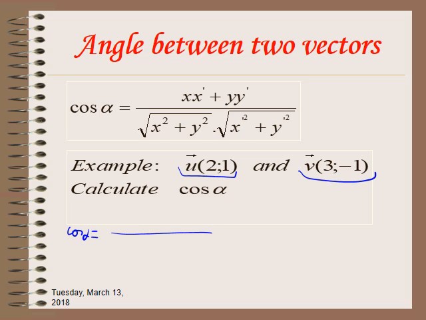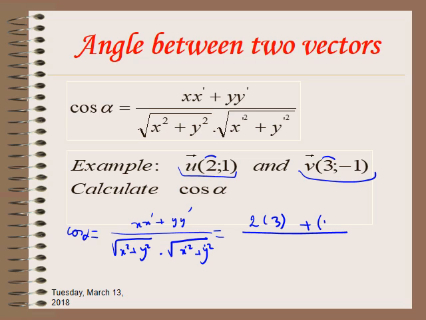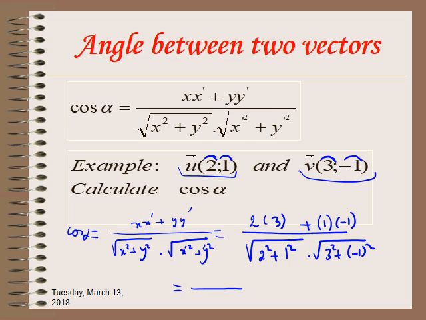Cosine alpha equals xx' plus yy' over radical x squared plus y squared times radical x' squared plus y' squared. Here, x is 2 times x' is 3, plus y is 1 times y' is minus 1, over radical 2 squared plus 1 squared times radical 3 squared plus minus 1 squared. That equals 2 times 3, 6, plus 1 times minus 1, so minus 1, over radical 5 times radical 9 plus 1, radical 10.